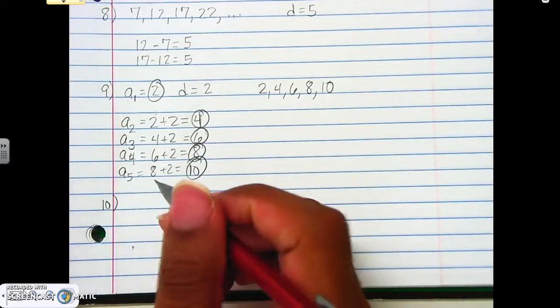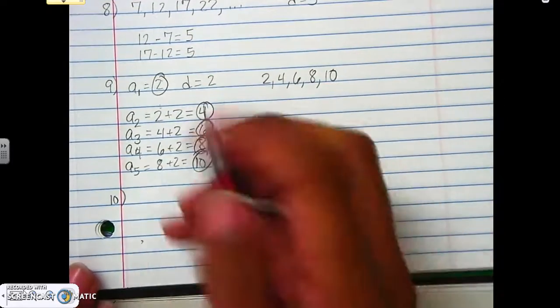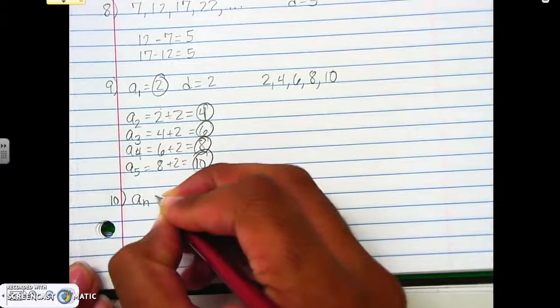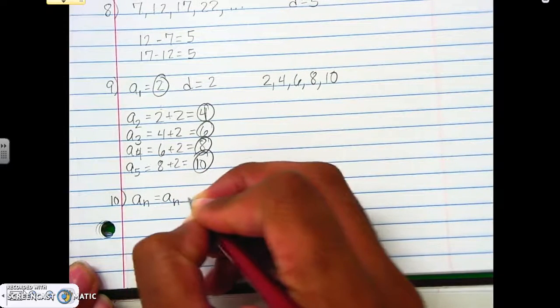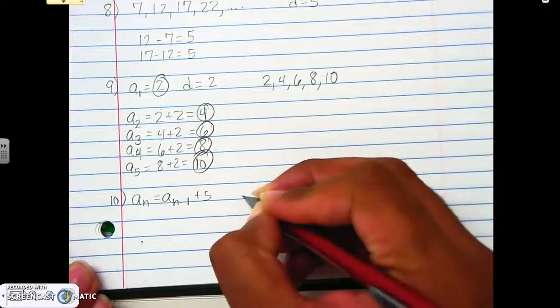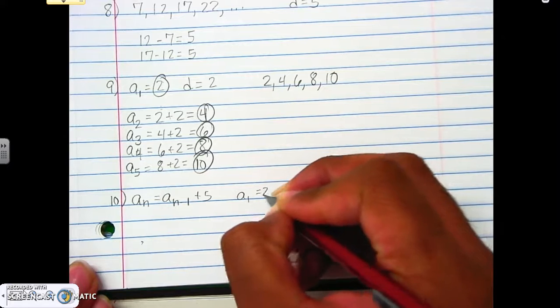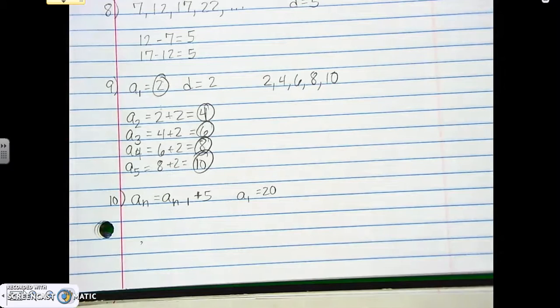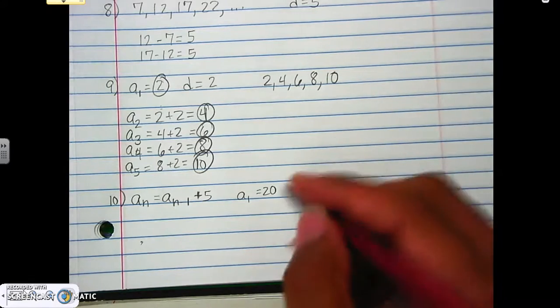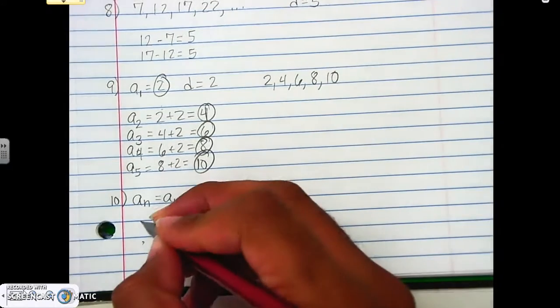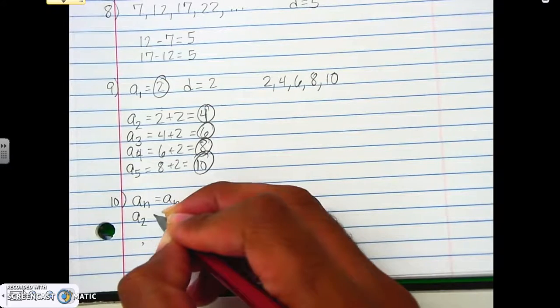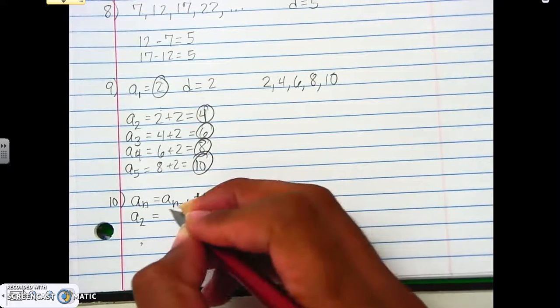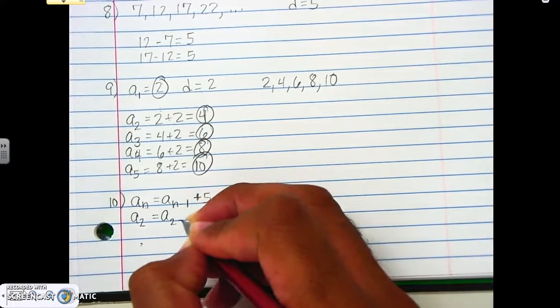All right, and then number 10. They gave you this recursive formula, and they gave you the first term, and now you just need to find the next 5 terms, or the first 5 terms. So again, they gave you A1, and then here, if we're trying to find A2, it means n is 2. So here we put 2 in for n also.